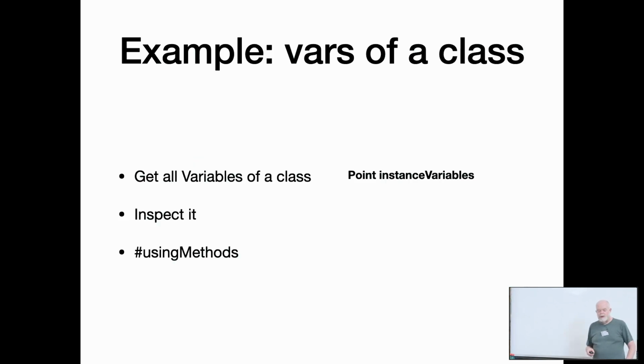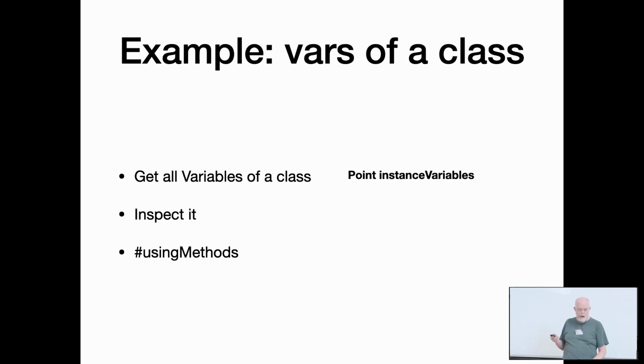That is actually quite nice because now we have an object for every variable in the system, and we have a meta API for these. So for example, if you have a class, you can ask it, give me all the variables that you define, and then you can send messages to those objects to do something else.